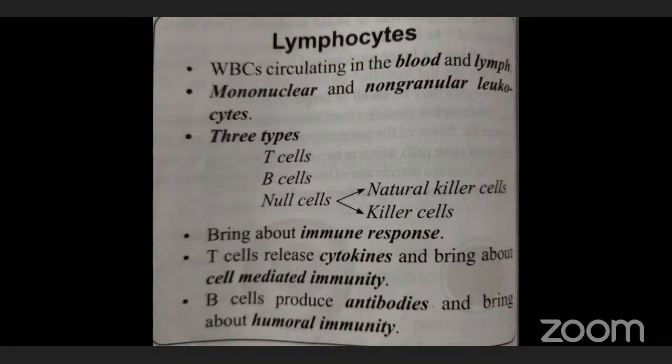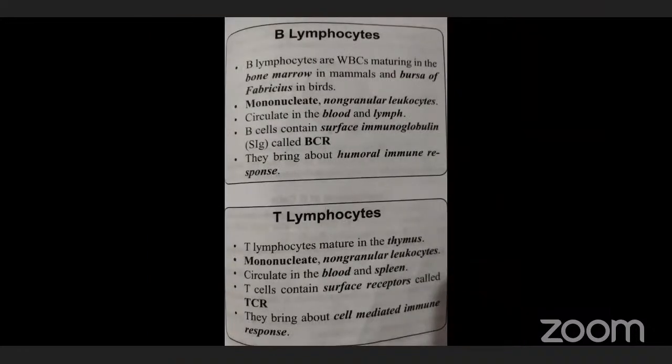B lymphocytes are a WBC maturing in the bone marrow of mammals. They are then circulated in the blood and lymph. B cells contain a surface immunoglobulin called BCR.